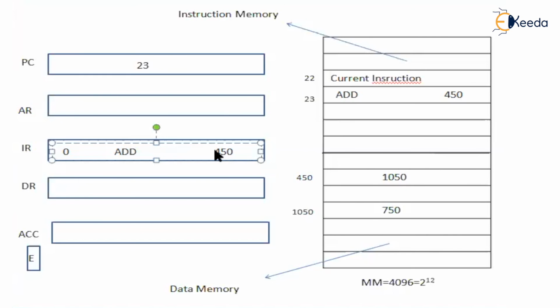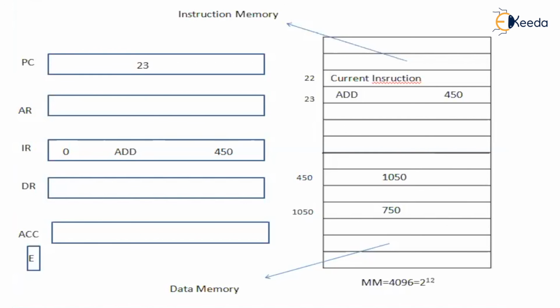Rather, this 450 is the direct value. Did you get it? That is, if this instruction is in the immediate addressing mode, then this 450 is the direct value. It is not an address at all. So finally, the accumulator is equal to accumulator plus 450 directly.